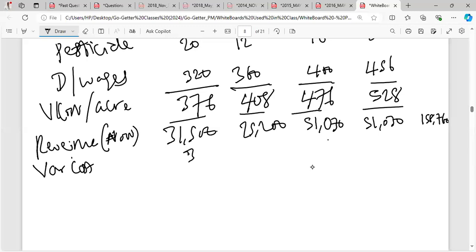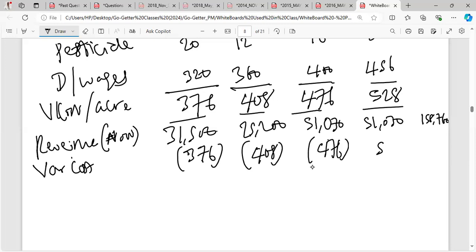This is going to be 376. This is going to be 408. And this is going to be 476. And this is going to be 528. This is going to be our contribution per acre.